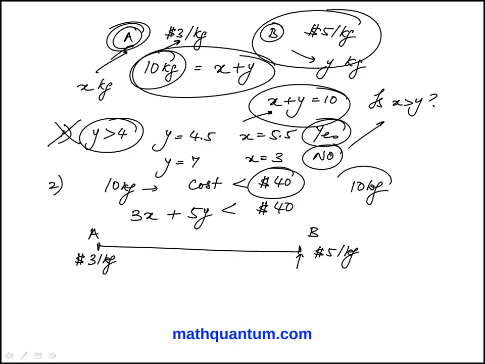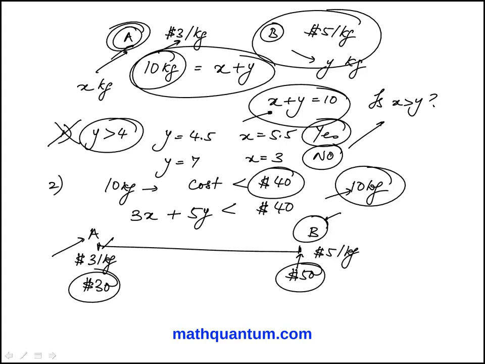So if the entire mixture was material A, the cost would be $30, because we have 10 kilograms, each at $3 per kilogram. If the material K was all made up of material B, then the cost would be $50. And you would see that if we use half and half, 5 and 5 would be just right in the middle, the average, which is $40.